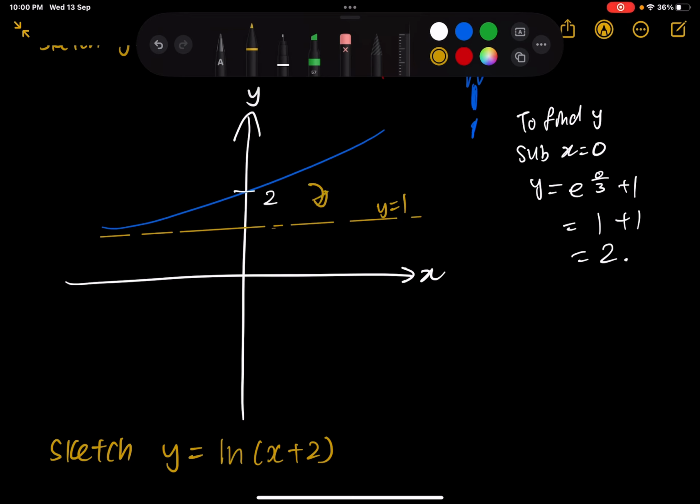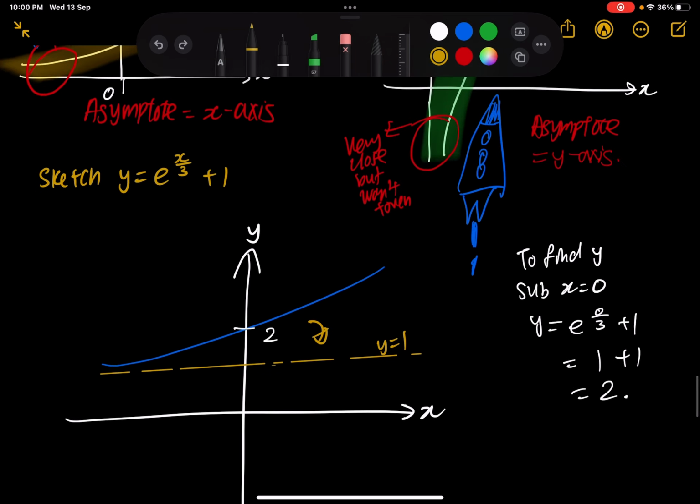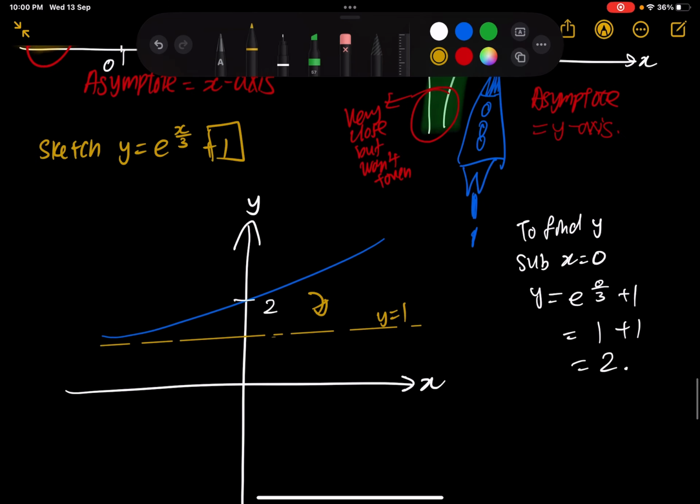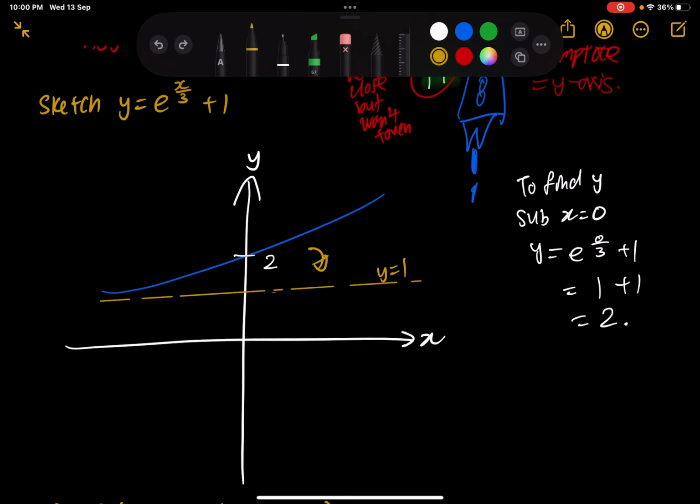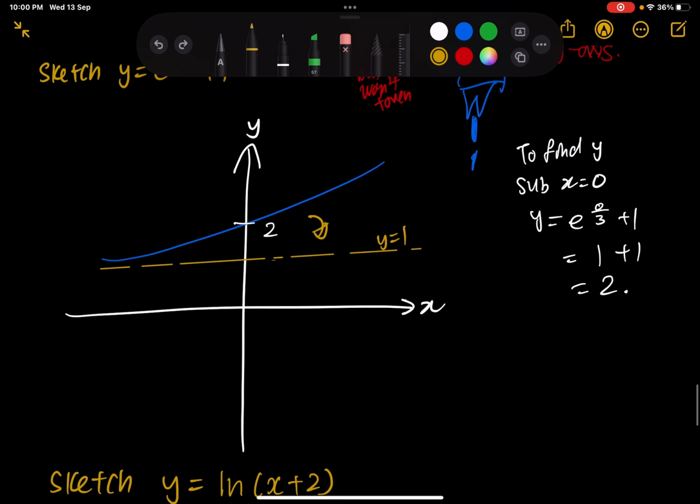Because initially, if it's from here, your asymptote is the x-axis, but when you shift it up by 1, it becomes y equals to 1. So just now you said, isn't it just here? For exponential maybe, but for log it is different. So you just draw like that.